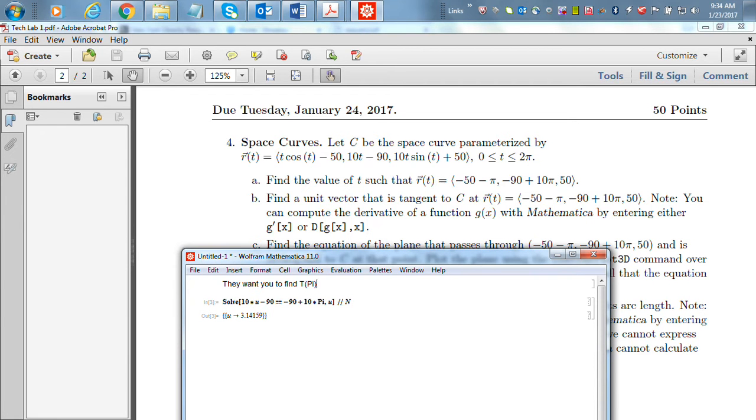So we found t at 1 on the WebAssign. They want you to find T at pi here. So that's what's wanted. And they want you also to do the derivatives on Mathematica.